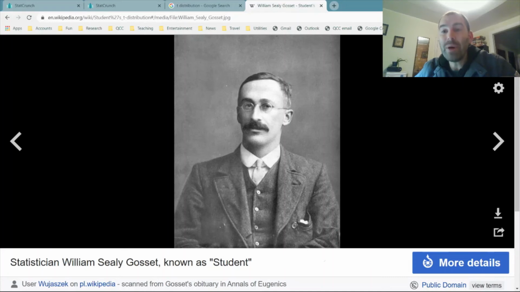Why did he publish under the name Student? Why didn't he publish under his own name? Well, he was working for the Guinness Brewing Company. They brew beer. They still do to this day. That company was using Gosset to do some research to help improve company profits. He was employed for that purpose.